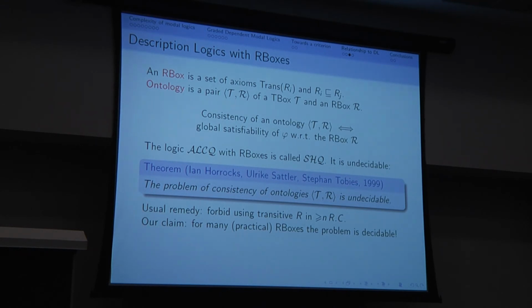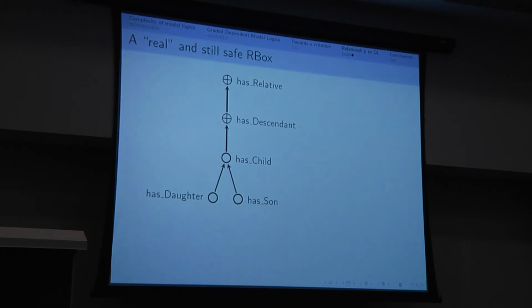So this is the first theorem on safe RBoxes. So here's an example of an RBox. We have a relation has a relative, has descendant, both are transitive, has child, has son, has daughter. So this is an RBox, and this is a safe RBox.